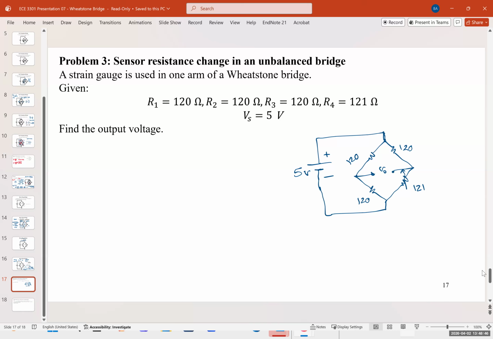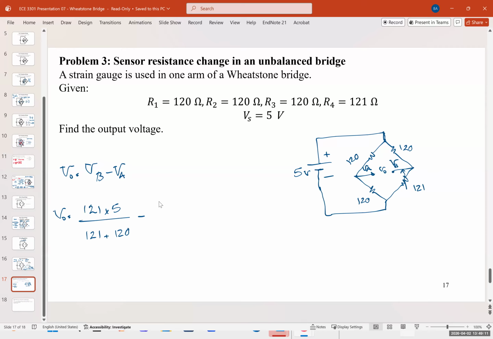Let's solve it. So again, V out is going to be VB minus VA. So this is VB, this is VA. So V out would be VB, which is 121 times 5 over 121 plus 120.